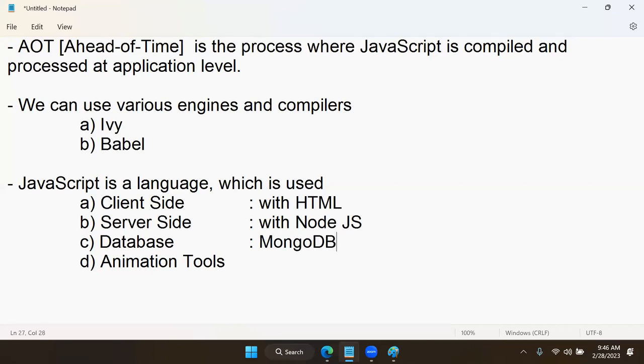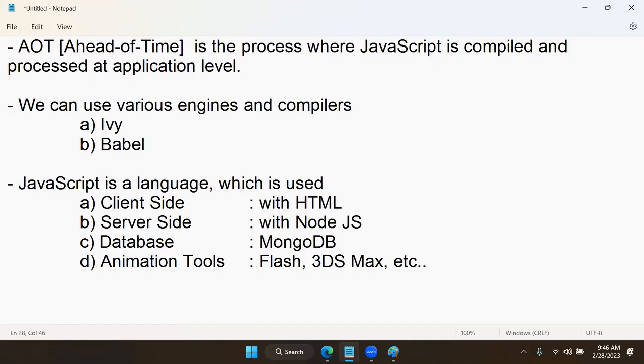Animation tools, so many animation tools like Flash, like 3ds Max, all these use JavaScript. So many CAD tools, computer aided design tools, 3D tools and all, they use JavaScript. That means JavaScript is not just a client-side script as people generally think. It is used client-side, server-side, in databases, and even in animation tools.